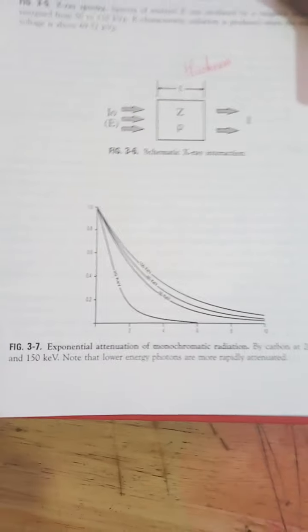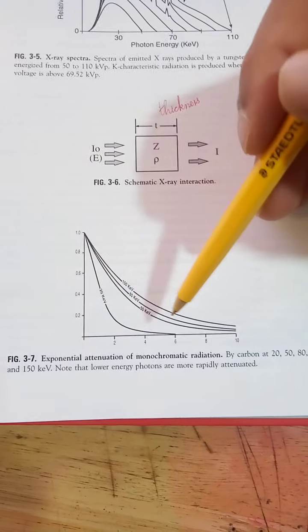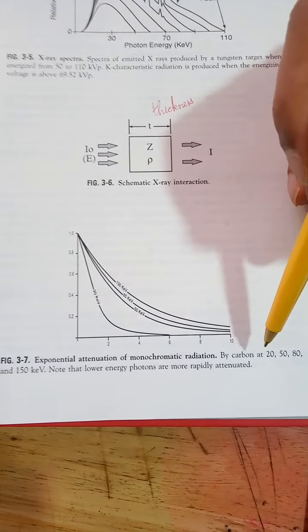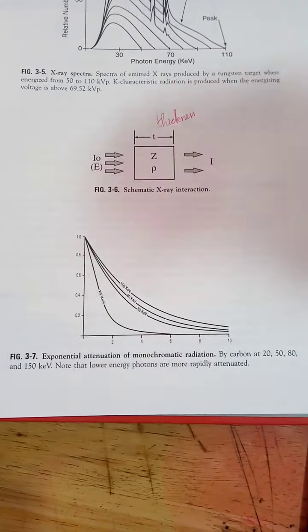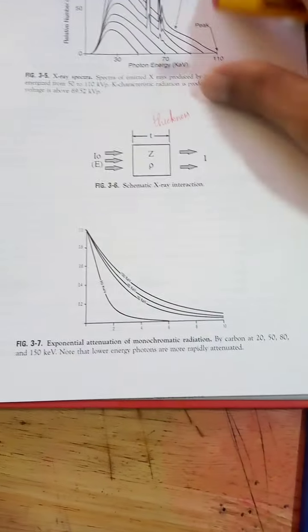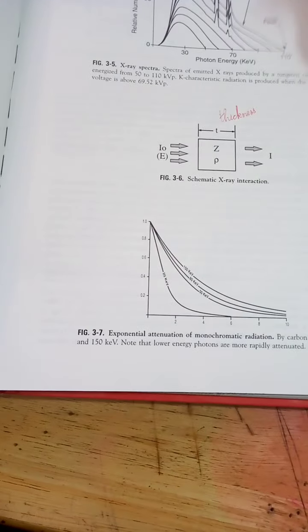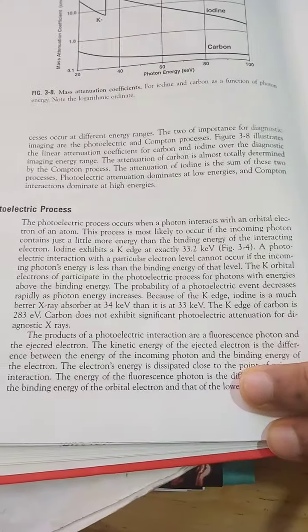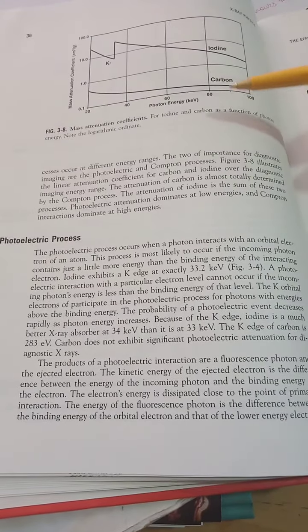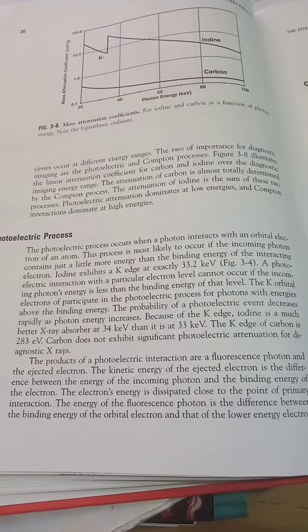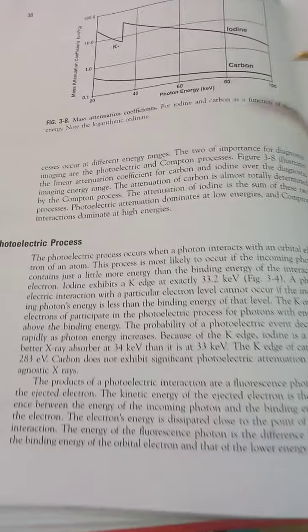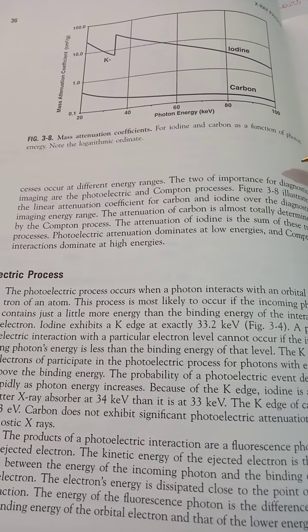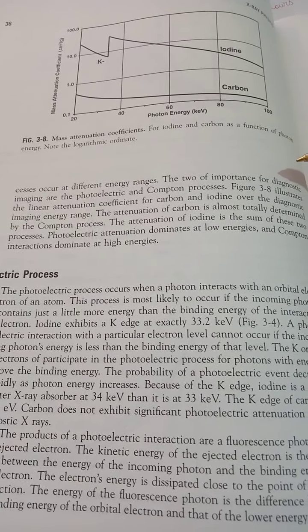And then we come down here and we see exponential attenuation of monochromatic radiation by the top 2 centimeters of carbon at 20, 50, 80, and 150 kilo electron volts. Now for iodine, using this graph, we can see the mass attenuation coefficient for iodine and carbon as a function of photon energy.